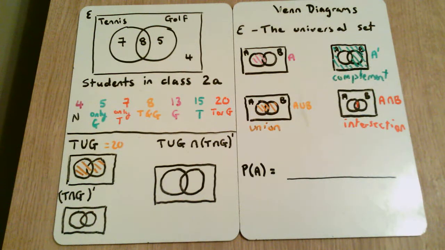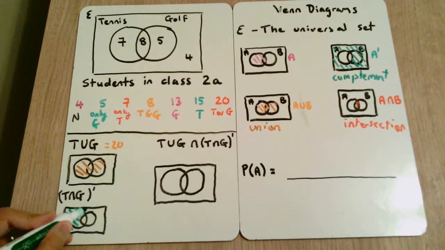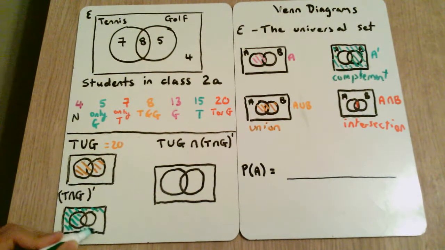Now, the next one is (T∩G)'. Well, T intersection G just means the middle bit, the value of 8. But a dash means everything except that. So that means it's everything except that 8. So the way I'm going to show that is I'm going to shade in everything outside of the intersection.